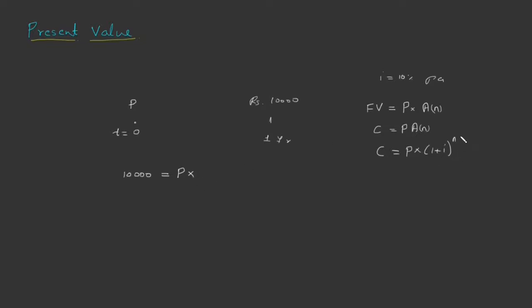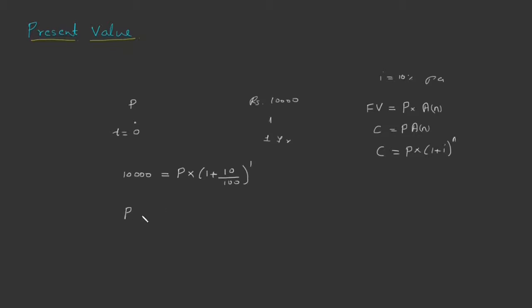AN is the accumulation factor. So the accumulation factor for 1 year: n is equal to 1 and i is already given, it is 10%. So I have to write (1 plus 10 divided by 100) the whole raised to 1.